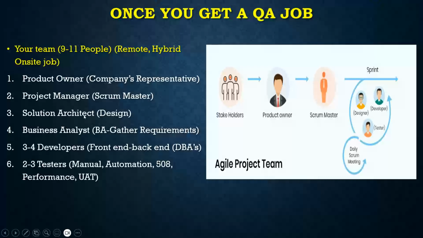A solution architect is a kind of developer lead who can provide his insight like what could be a software design, what could be a software UI, user interface. He will provide his expertise on the design of the software. Who will get the information about the requirements from the product owner? A business analyst.